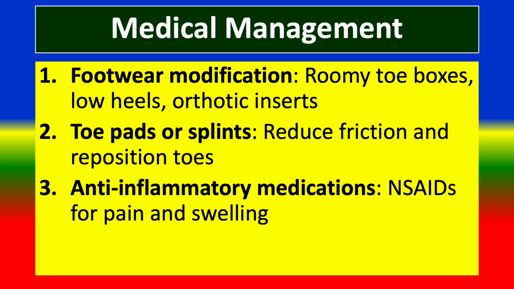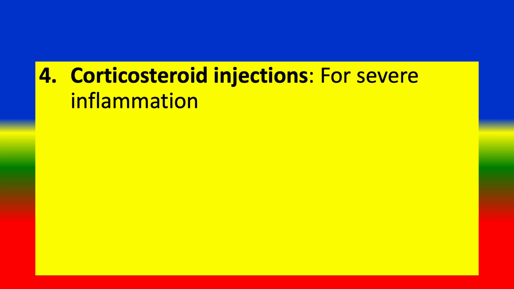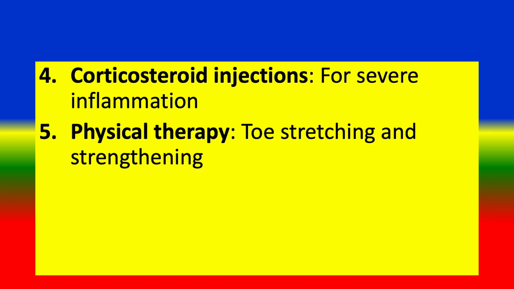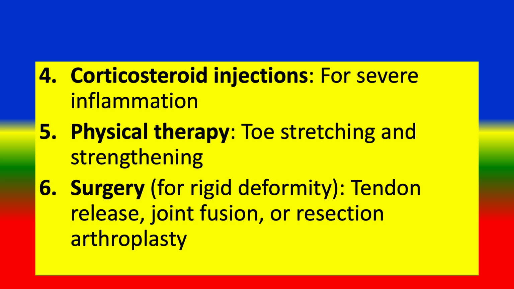Anti-inflammatory medications, NSAIDs for pain and swelling. 4. Corticosteroid injection for severe inflammation. 5. Physical therapy, toe stretching and strengthening. 6. Surgery for rigid deformity: tendon release, joint fusion, or resection arthroplasty.